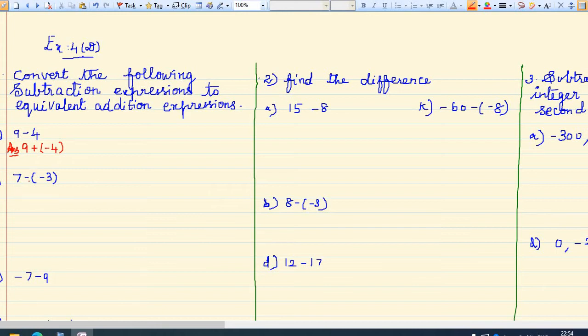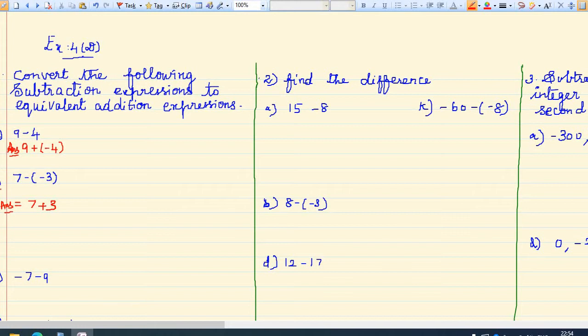Now listen, 7 minus of minus 3. So 7 minus of minus 3 I can write as what? 7 plus 3. So 7 plus 3 is your answer. Next, minus 7 minus 9. How can I write this?